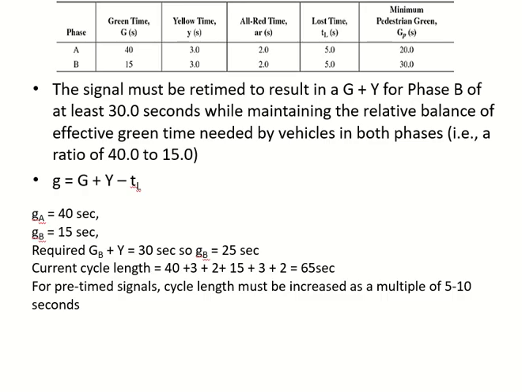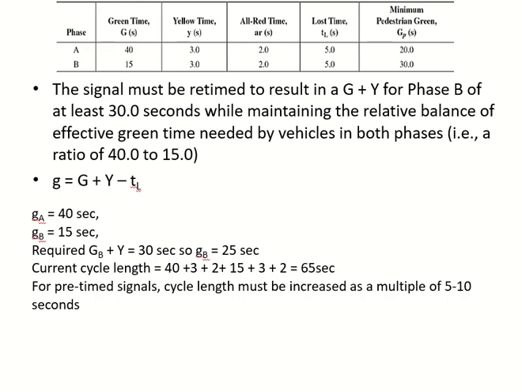Now the signal works by dividing percentage of times into different directions. If I add all the percentages, I will get how much? 100, right? It should always be 100.